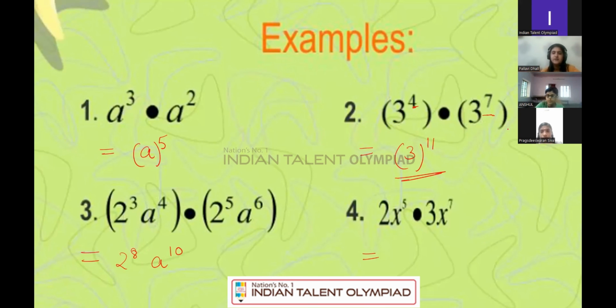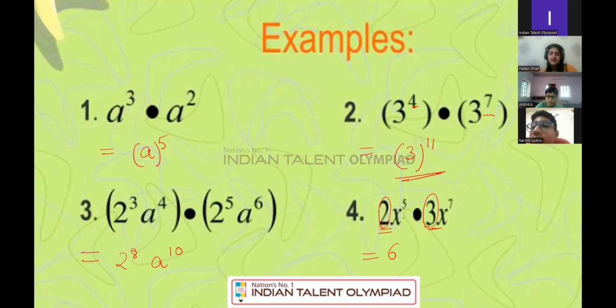Harshit, would you like to answer? First of all, what will you do here? You are going to multiply the numbers. 2 times 3 is how much? 6.